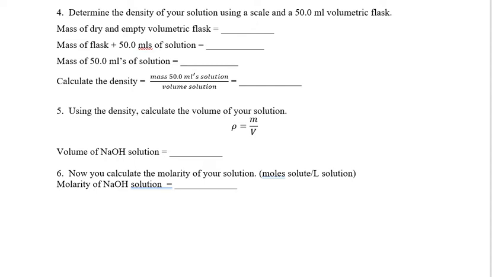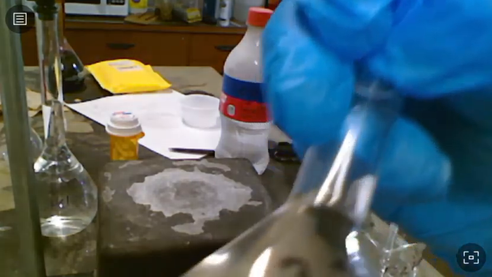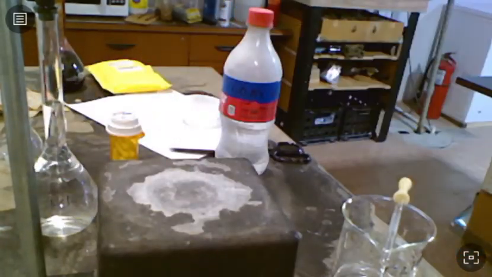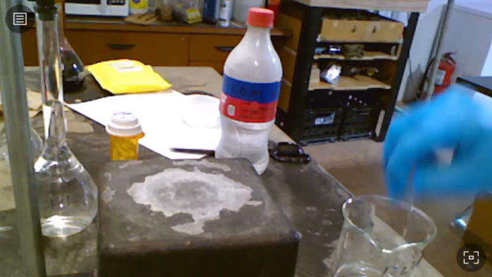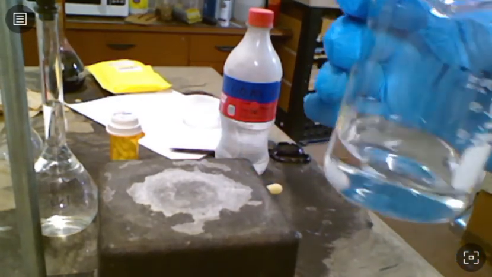All right, now that I know the density of the solution, and by the density of solution, what I mean is, I understand that we use this volumetric flask to determine the density of 50 mils, but really what we want to know is now the volume of our entire solution.